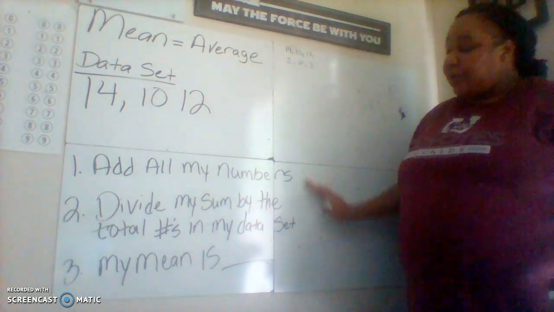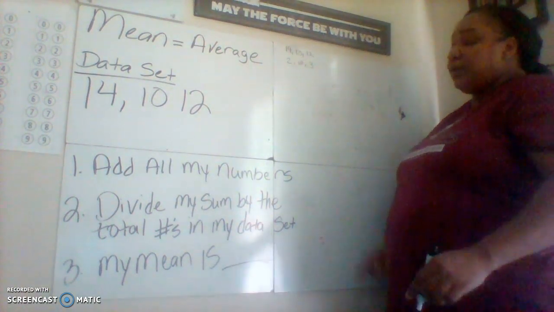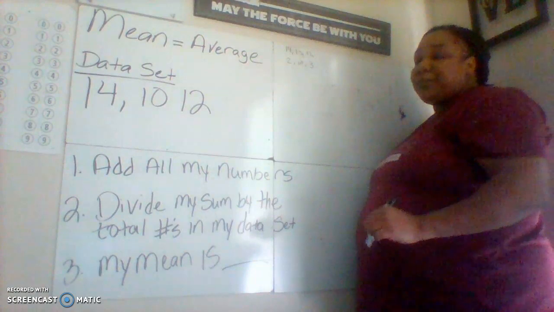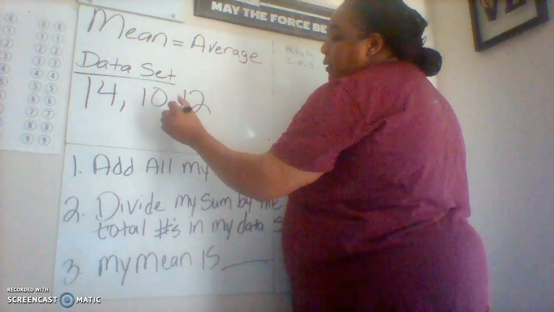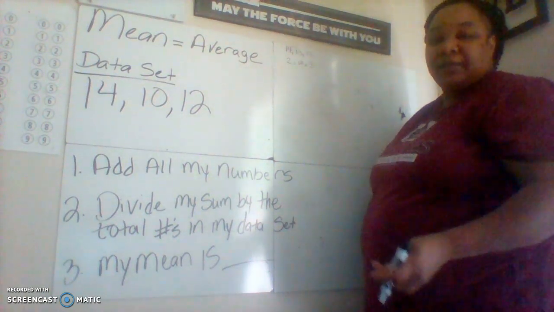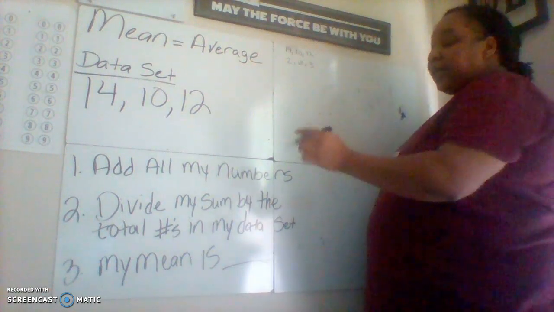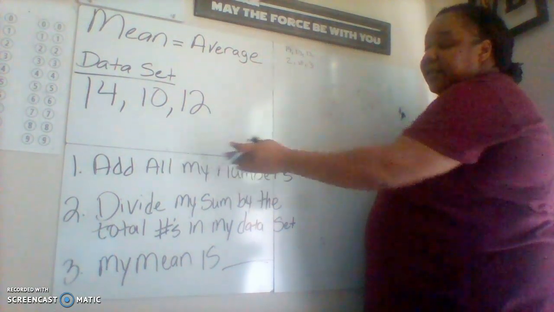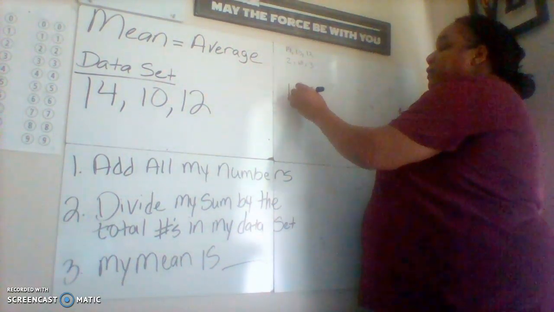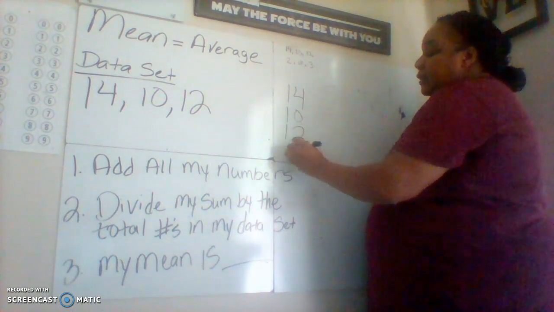We're going to use the same steps to be able to solve that problem. 14, 10, and 12. First things first, how many numbers do I have in my data set? 1, 2, 3. Make sure I put my commas there. So I won't end up with 1012 as one of my numbers in my data set. Okay? First step, add all my numbers. 14, 10, 12.